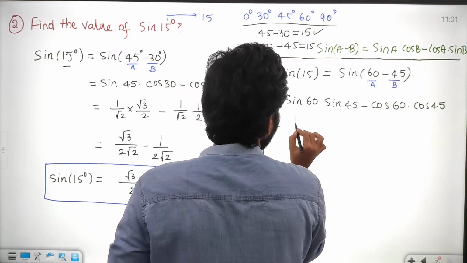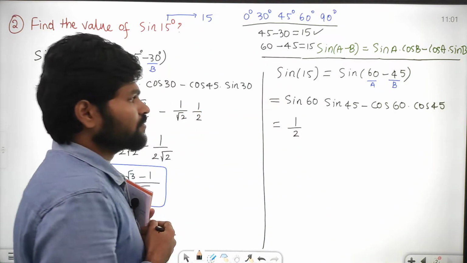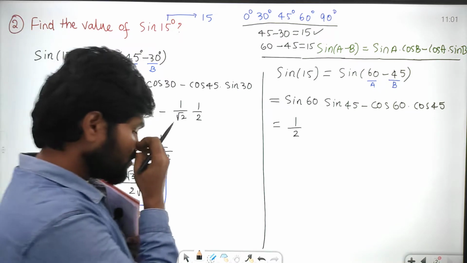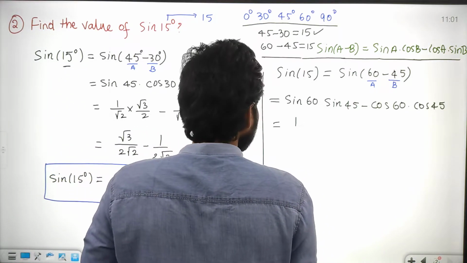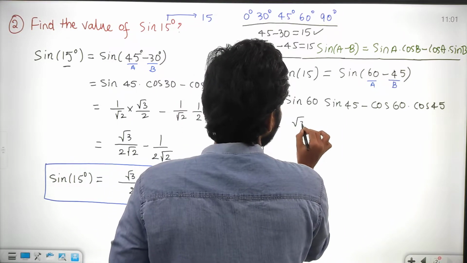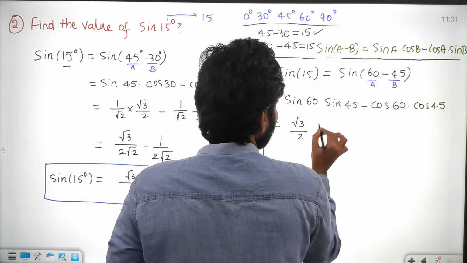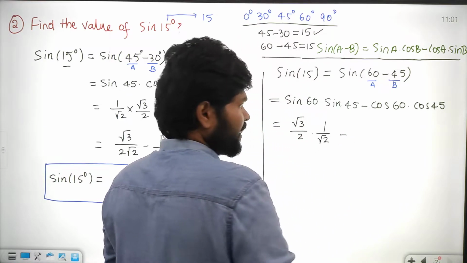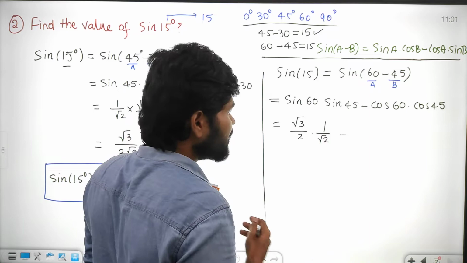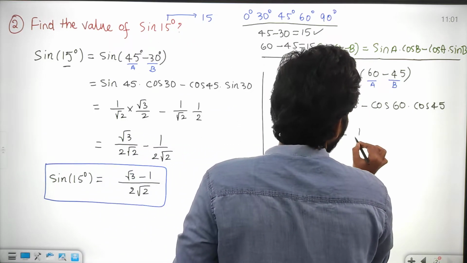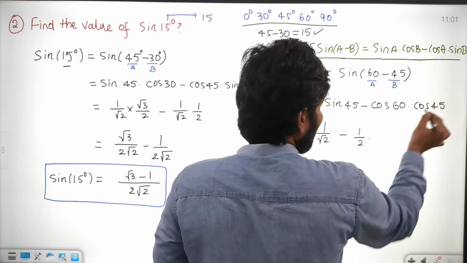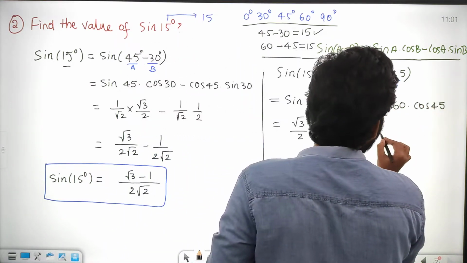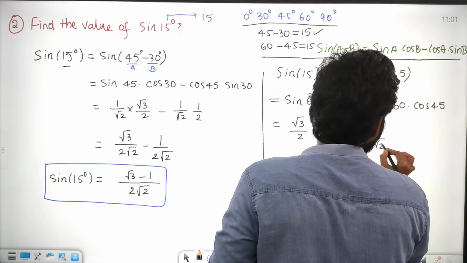Sorry, sin 60 is root 3 by 2. And cos 45 is 1 by root 2, minus cos 60 is 1 by 2, sin 45 is 1 by root 2.